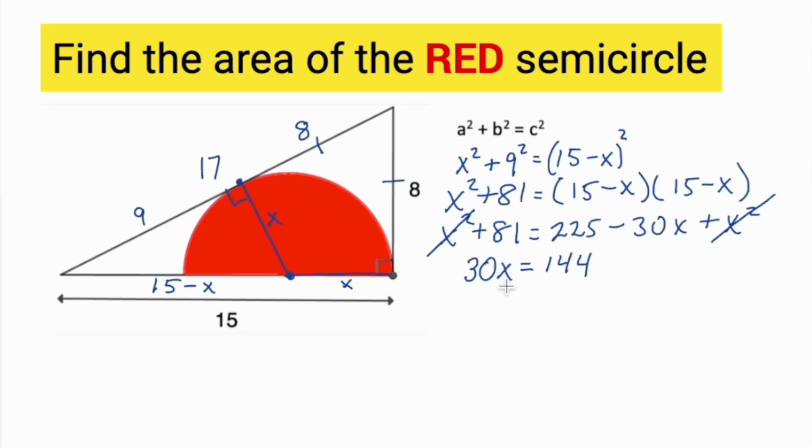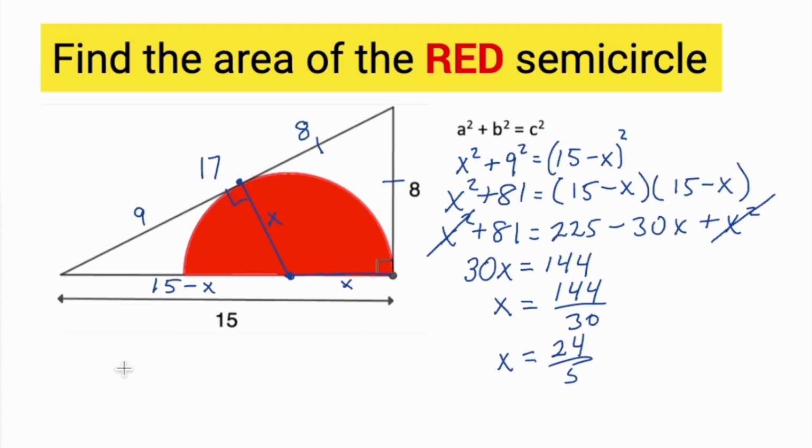I then want to get x by itself by dividing both sides by 30. So when I divide by 30, I get 144 over 30. I'm going to reduce that fraction, and I find out that my radius is equal to 24 over 5.